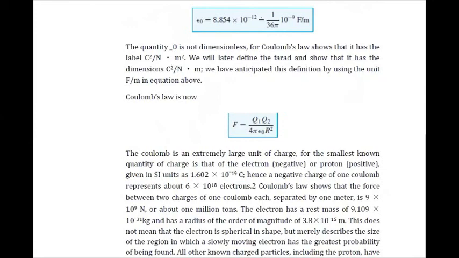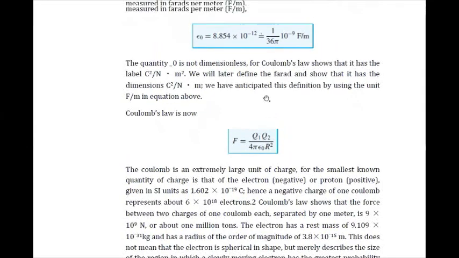Coulomb's law shows that it has units of C squared over N times meter squared. We will later define the farad and show that it has dimensions of C squared over N times meter. We have anticipated this definition using this Coulomb's law.